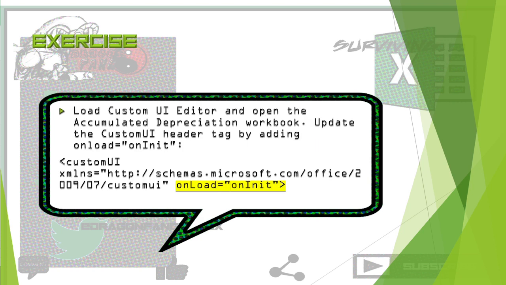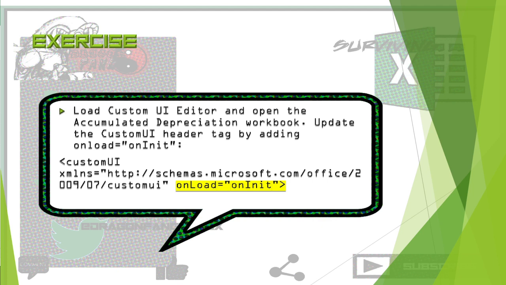All right. Now, we are going to need to do one other thing. So what you'll do is you'll save what you have in Excel, and then you're going to go into the UI editor and open that up. On the top line, you're going to have the custom UI. So what you're doing is adding in this thing called onload, and then the name of the function that you created, which is on init.